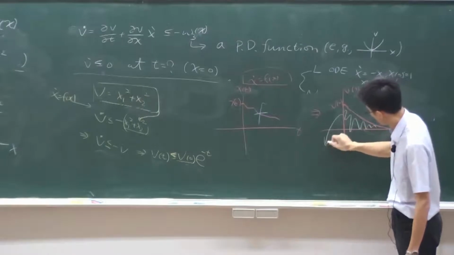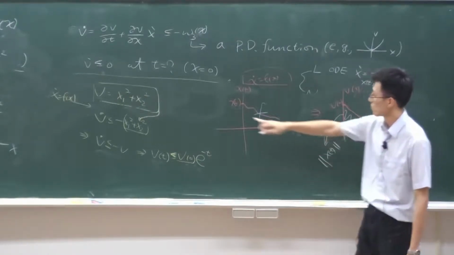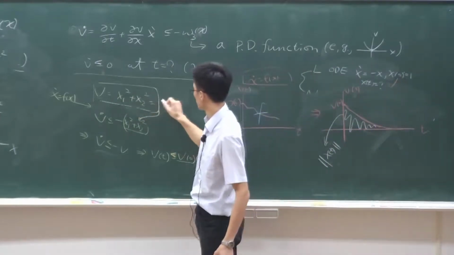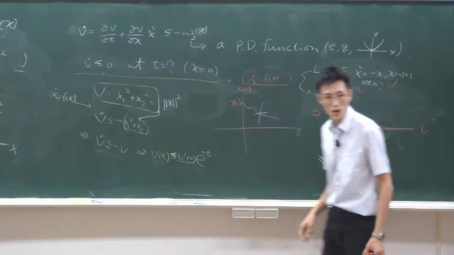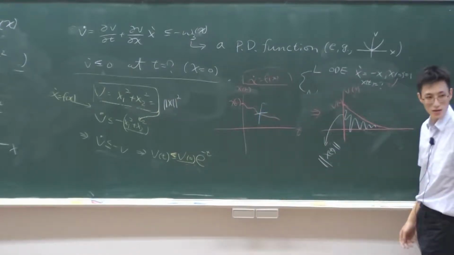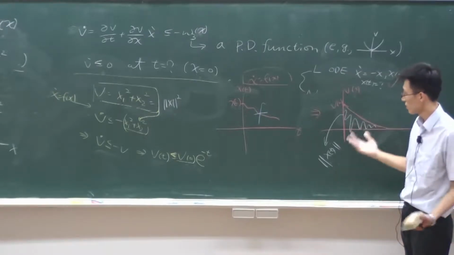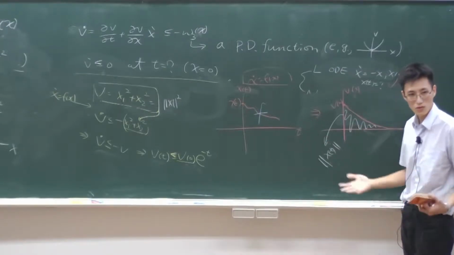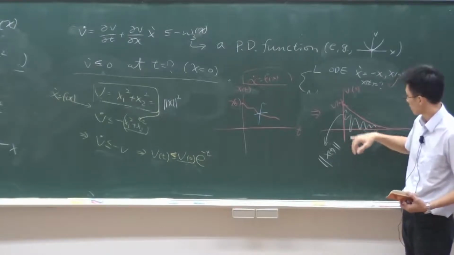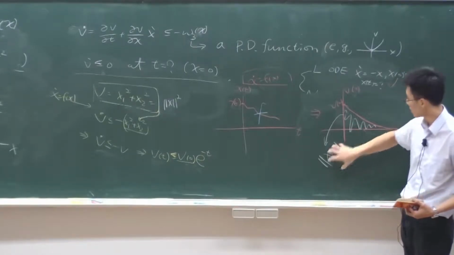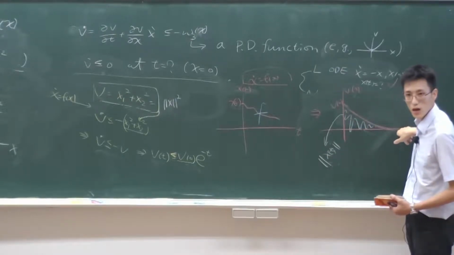Because this is a norm, V equals x norm squared. So even if you use the Lyapunov function approach, you don't know the solution of x. But I know the norm will be upper bounded by these trajectories.